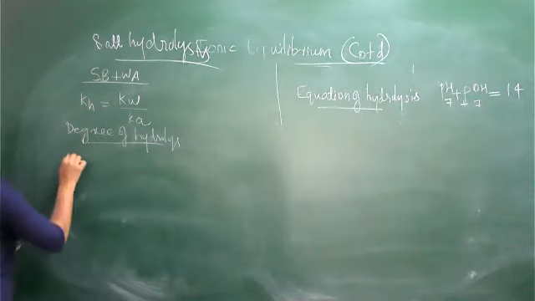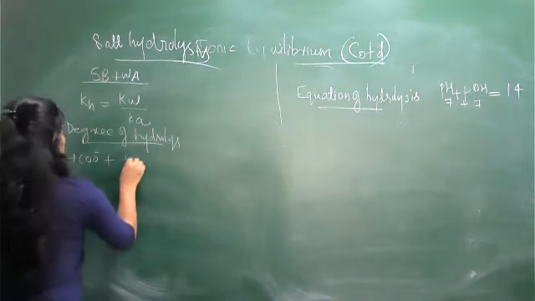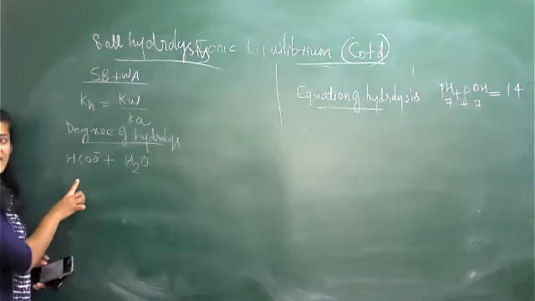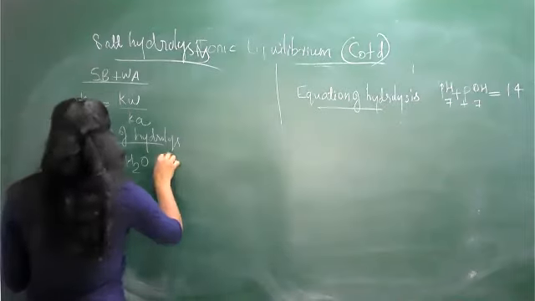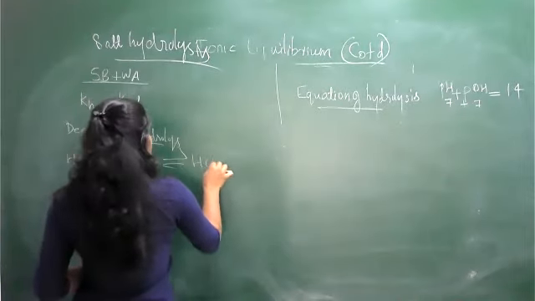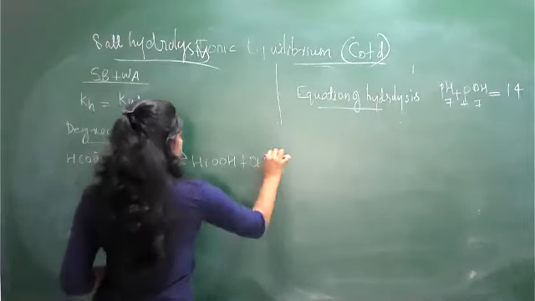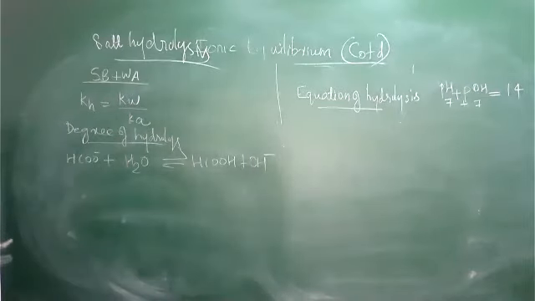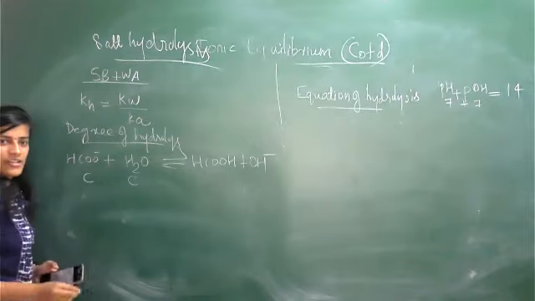Okay. HCOO minus plus H2O. Right? This is the salt ion reacted with the water. So we will get what? HCOOH plus OH minus. Similarly, this is C, this is also C concentration.